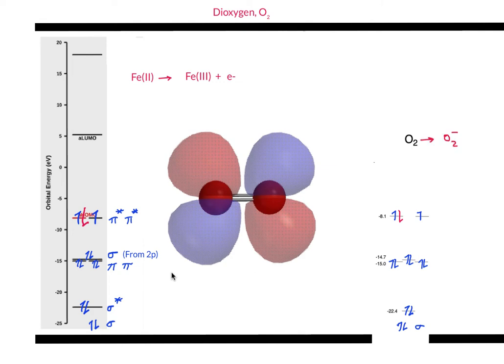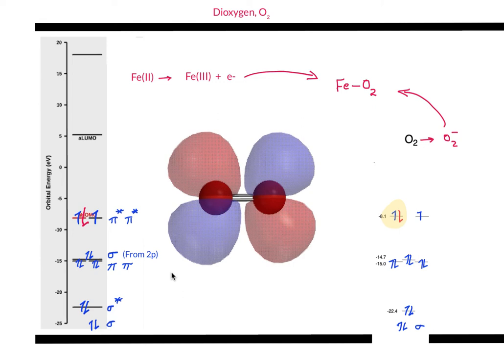I won't show superoxide anion, but if we add an electron, then we only have one singly occupied orbital, and that is the highest energy orbital that contains any electron density. It is this 2 electron pair at minus 8.1 electron volts in this diagram that will be donated to iron 3 to form the iron-oxygen bond of oxyhemoglobin.